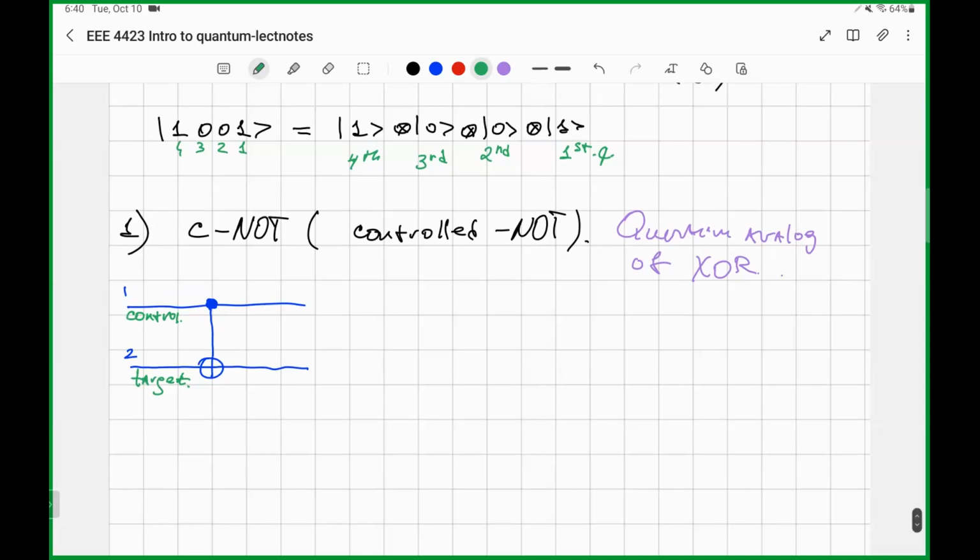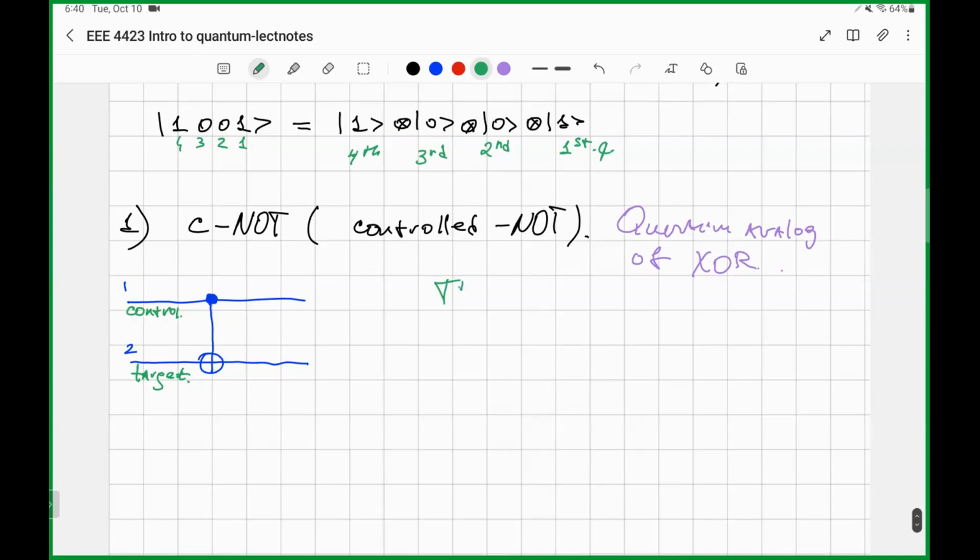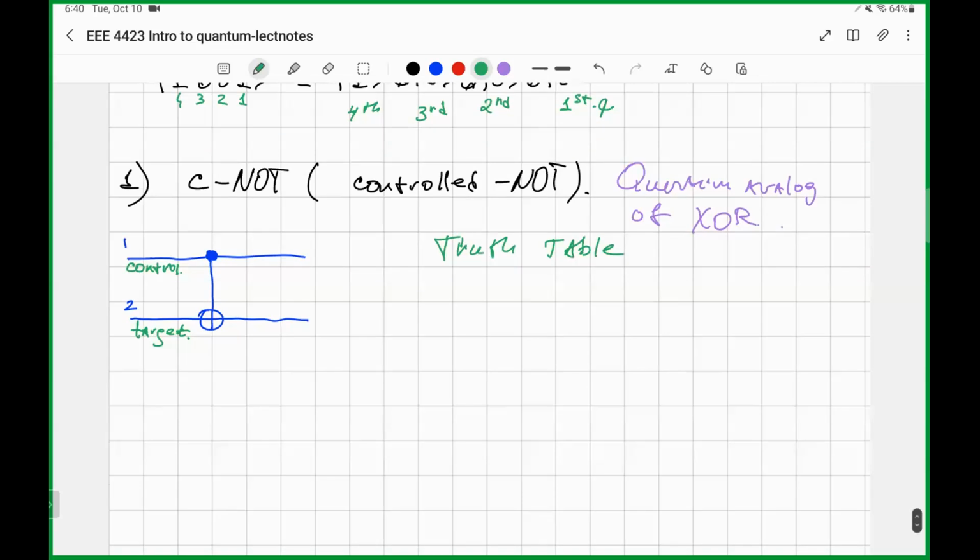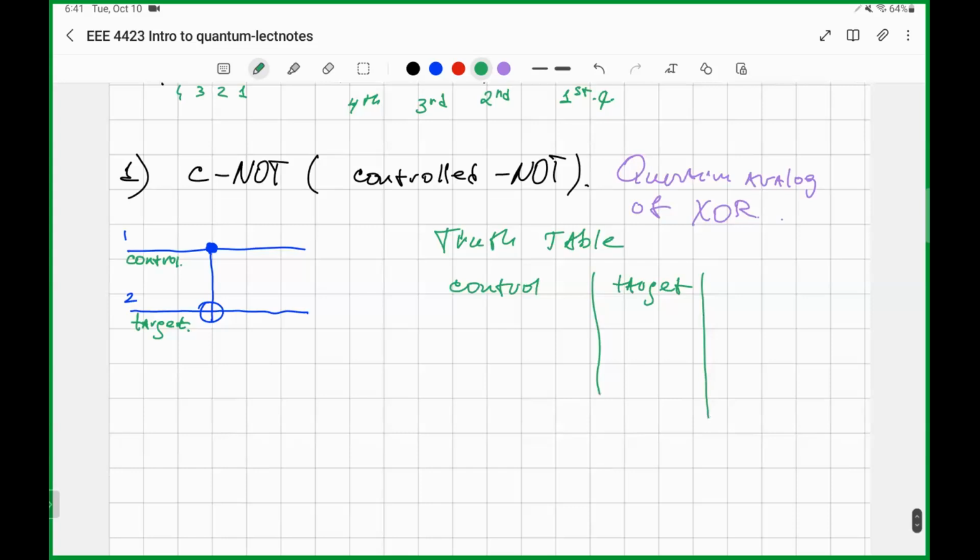And the truth table of this gate is given by the following. The first one is control, the second is target, and we have the output.